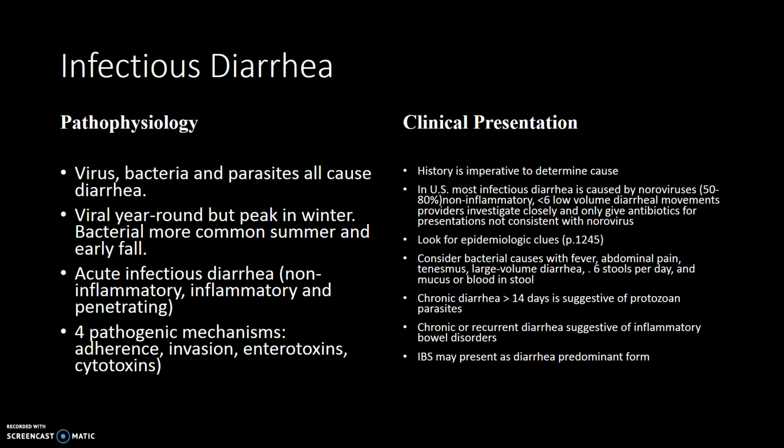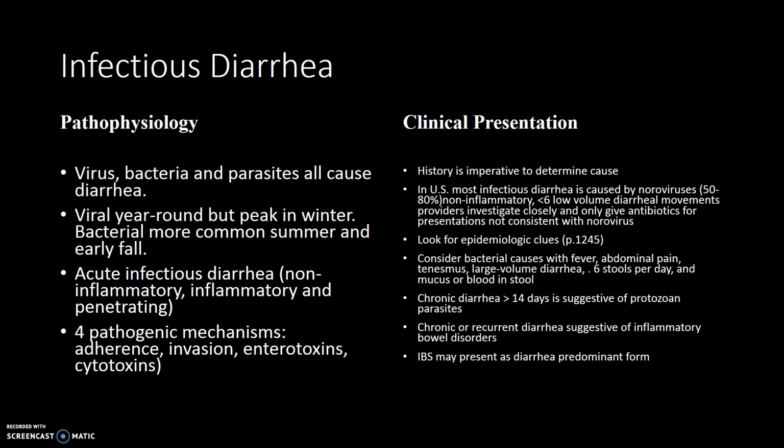It's a virus. It doesn't need an antibiotic. Pretty much statistically, if the person in front of you is complaining of diarrhea, there's a likelihood that it's norovirus, but you have to have more information than that. So you also could look at and add the epidemiologic cues or clues.